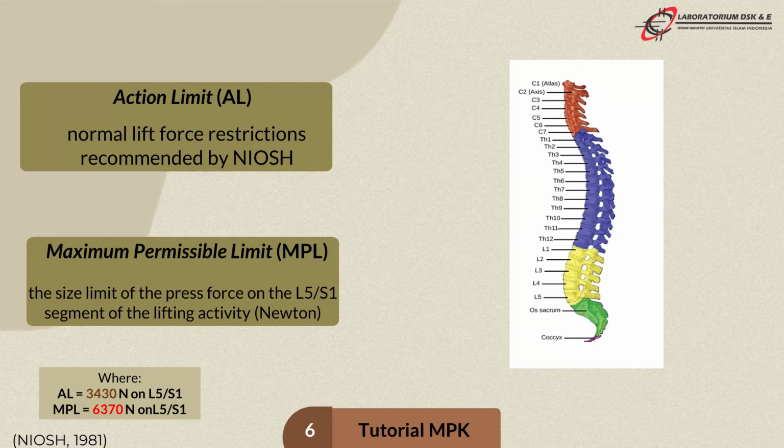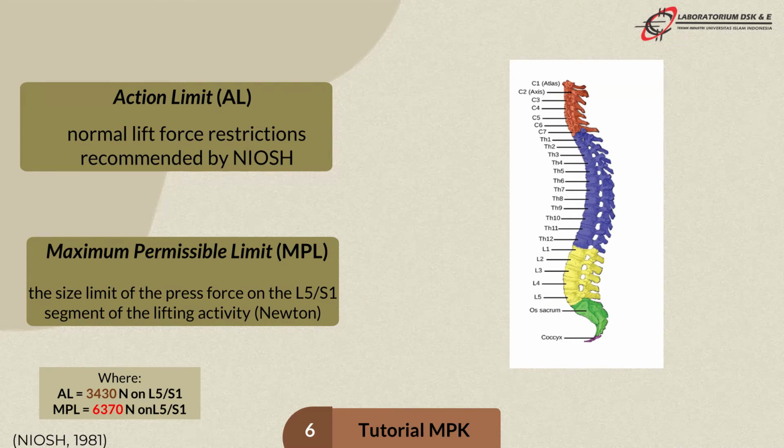Then maximum permissible limits or MPL is the limit of compressive force on the segment lumbosacral joint, standardized by NIOSH. According to NIOSH, the large maximum compressive force is 6,370 Newton at L5S1.